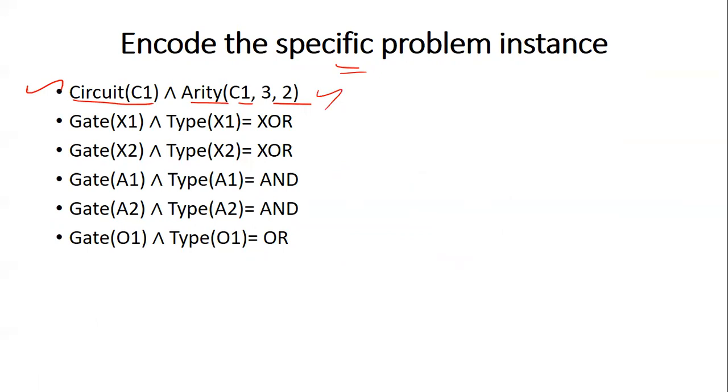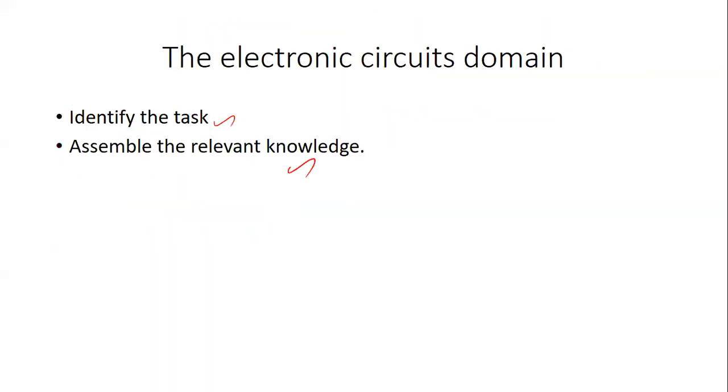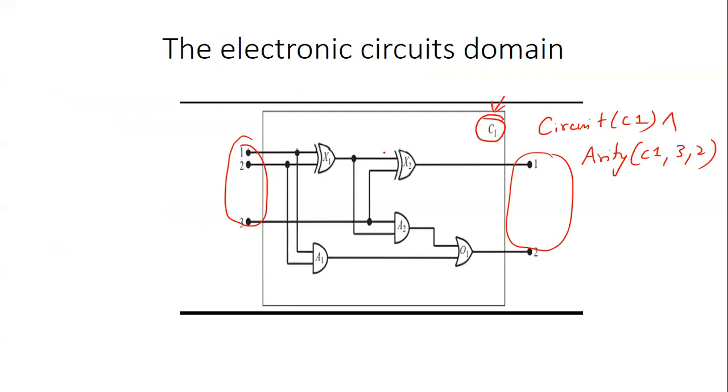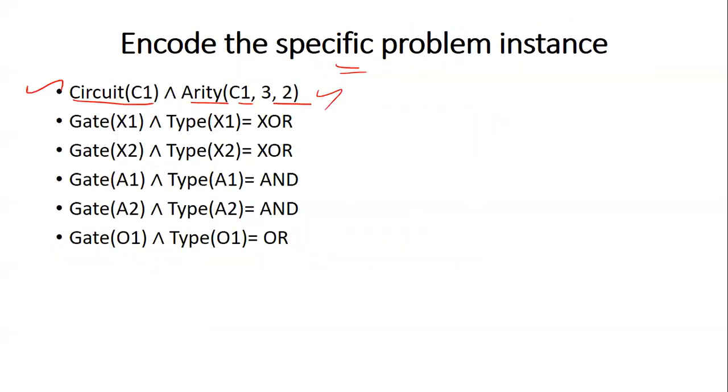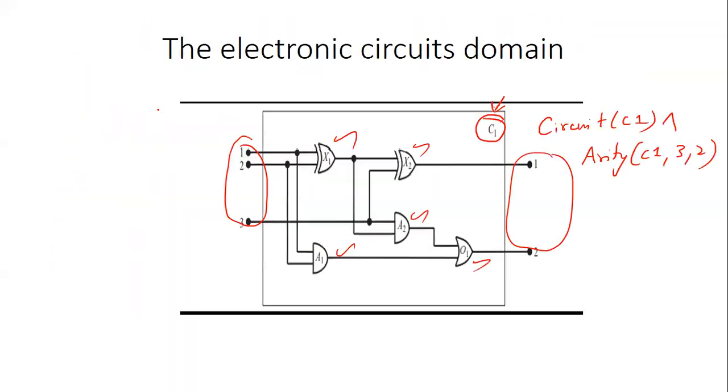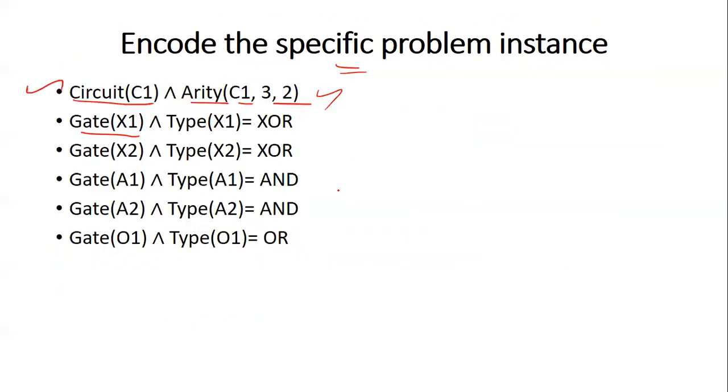Now our circuit contains 2 XOR gates, 2 AND gates, and 1 OR gate. So this information we should also represent. We represent it like this: gate of X1. X1 is a gate, and its type is XOR. So gate of X1 and type of X1 is XOR, right?